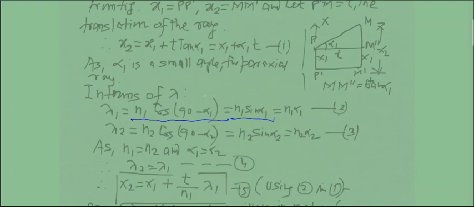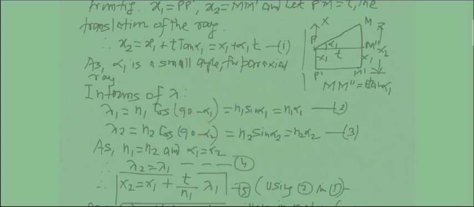Although we take the angle in radian, so this will be pi by 2. Just make a correction over here. Instead of writing 90 minus, you should write pi by 2 minus. Why?